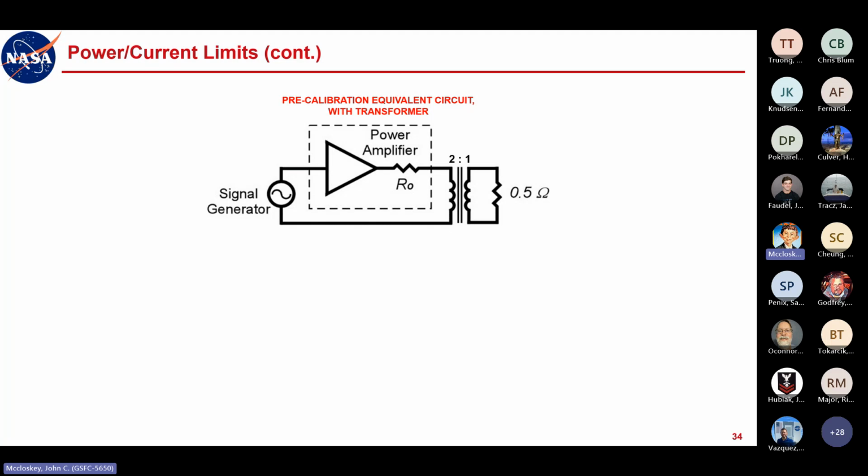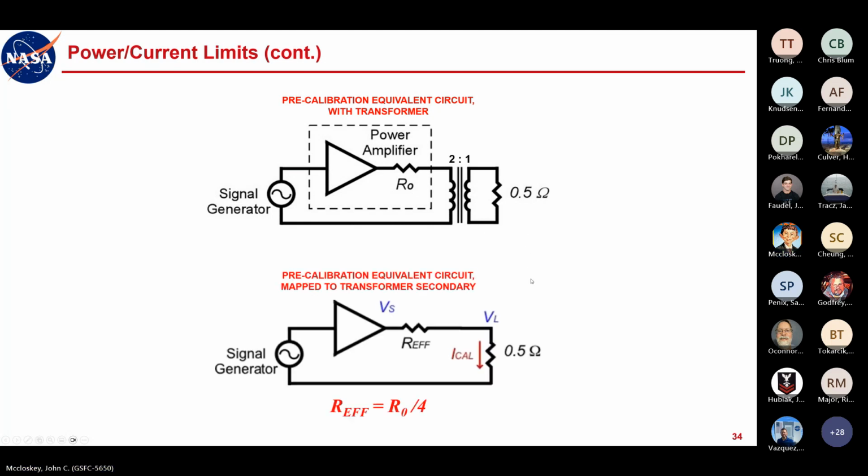Anyway, here's the pre-calibration equivalent circuit with the transformer. You have your power amplifier with its physical output impedance, and a 2-to-1 step-down transformer, and into your half ohm load. So we can simplify this equivalent circuit by mapping things to the transformer secondary.